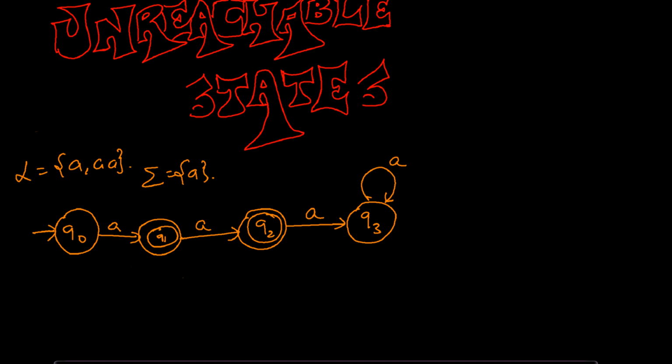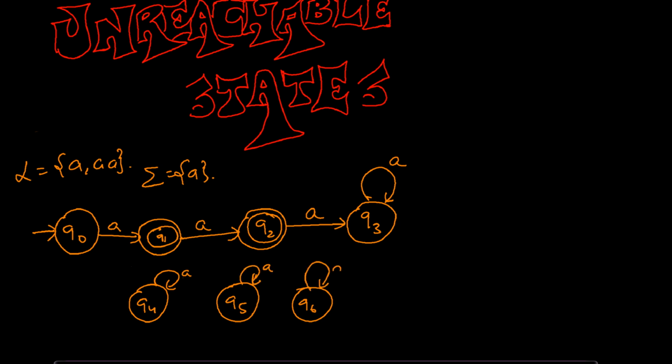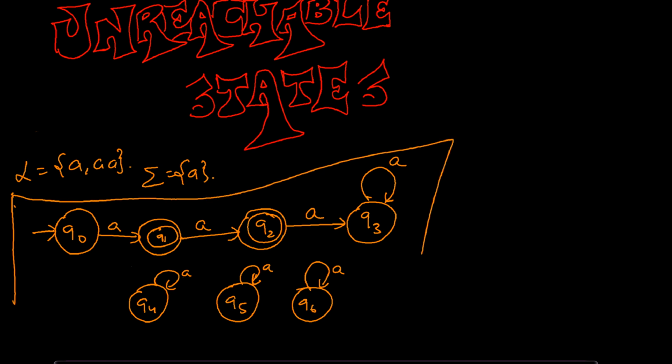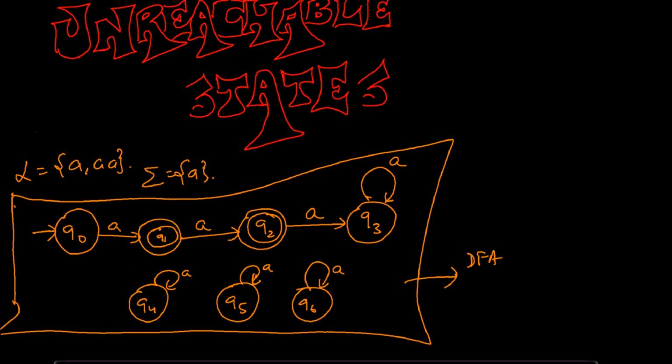So what you can do is, let's say this DFA has Q4, Q5, Q6 also, all of which go to themselves on seeing A. After introducing these states, you can have as many of these types of states, Q4, Q5, Q6. This DFA is still the finite representation of this language L only.